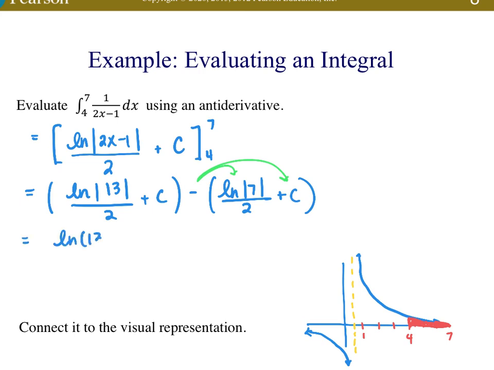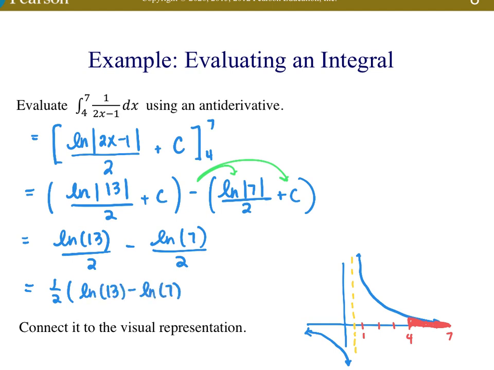Now I don't need the absolute value because 13 is a positive number, over 2, minus the natural log of 7 over 2, which also could be written as 1/2 times the natural log of 13 minus the natural log of 7. And natural log subtraction could also be written as the quotient 13 over 7. So that irrational number is the exact value of the area under the graph.